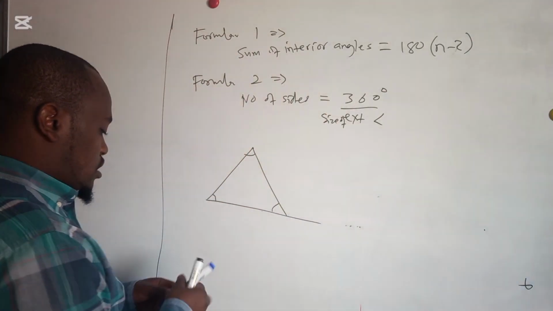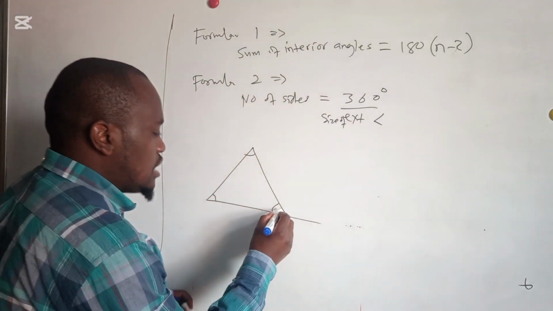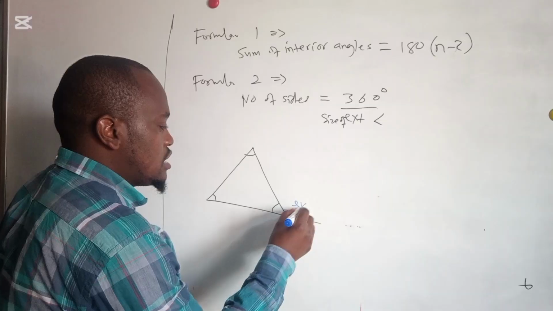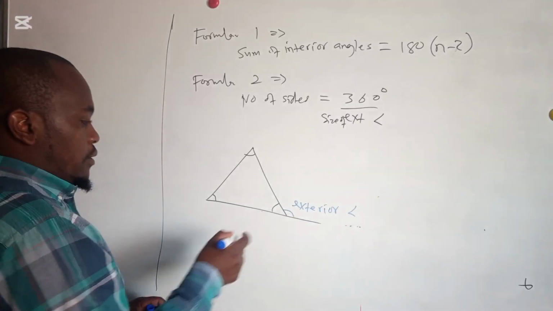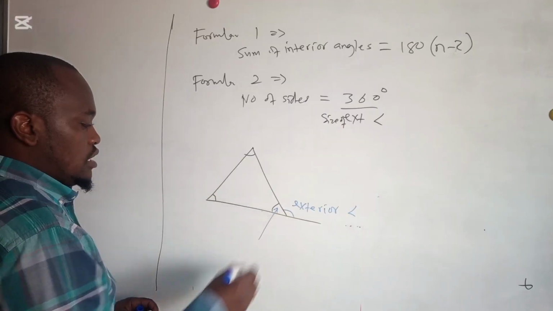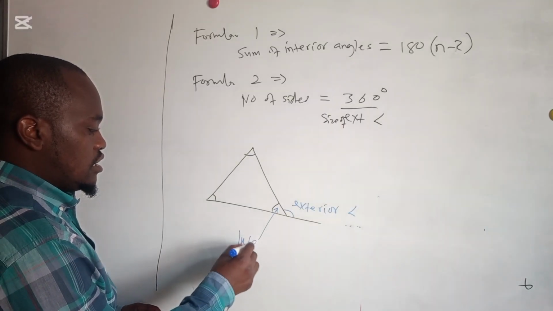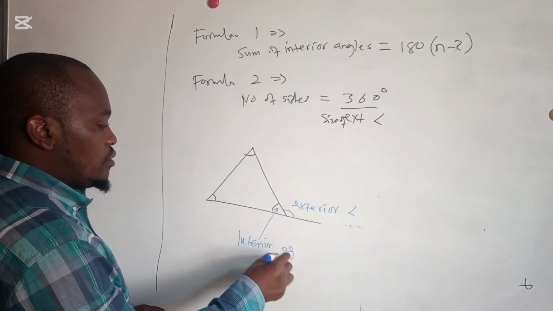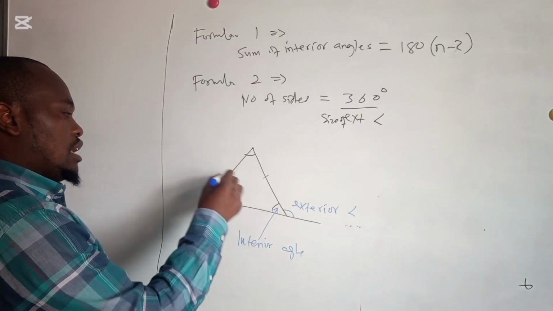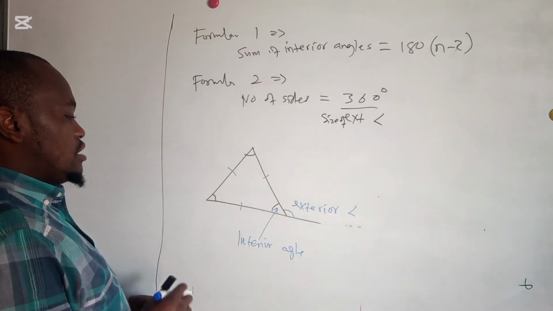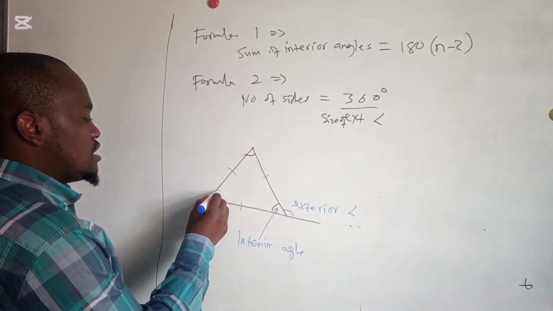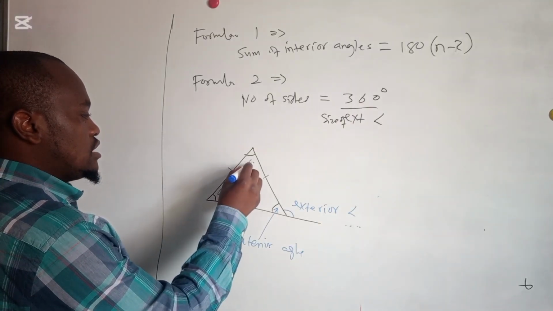This one is the exterior angle, while this one is the interior angle. Suppose this is an equilateral triangle, so the interior angles will be equal to 60 degrees.